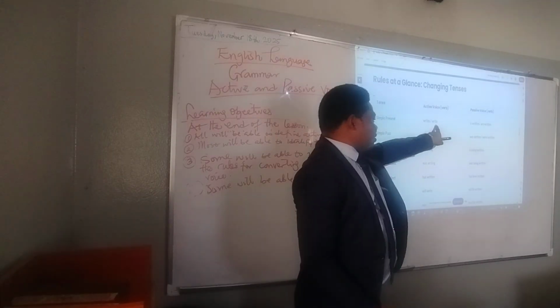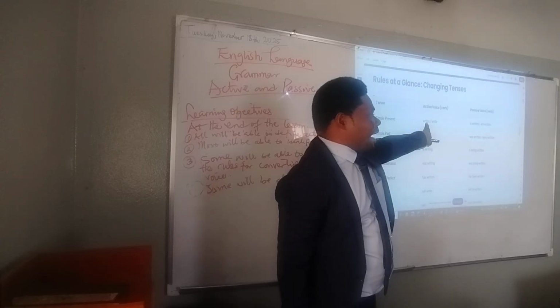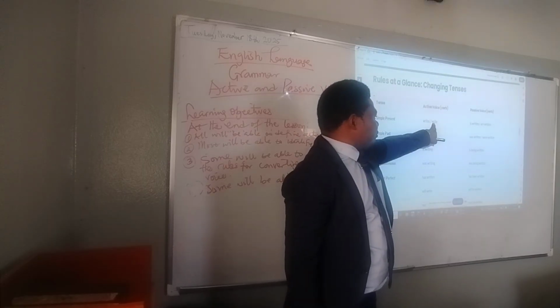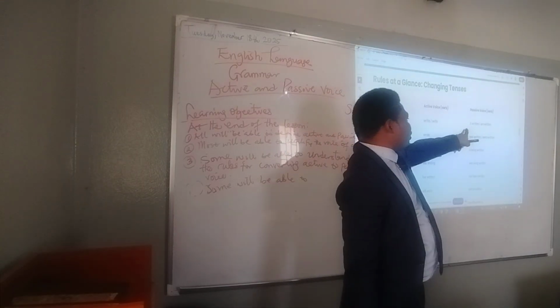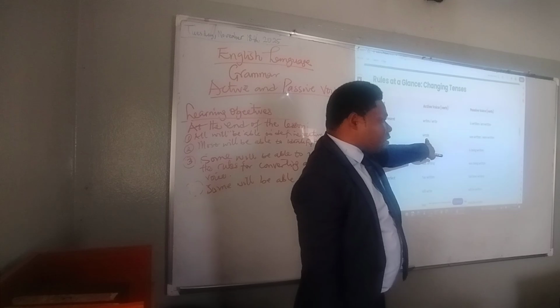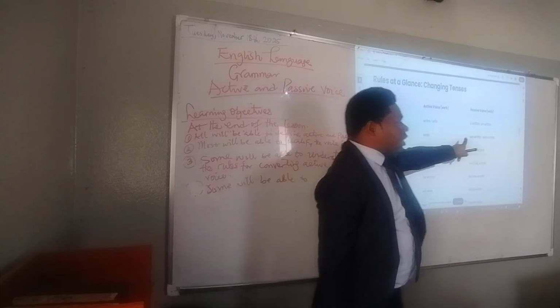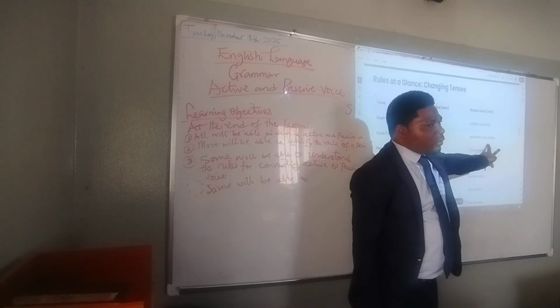Let's assume you have this in the active voice: write, a singular verb, or plural verb, write. Moving it from active voice to passive voice, it will change to "is written" or "are written." If it was "wrote" in active voice, it will change to "was written" or "were written," depending on whether it is singular or plural.